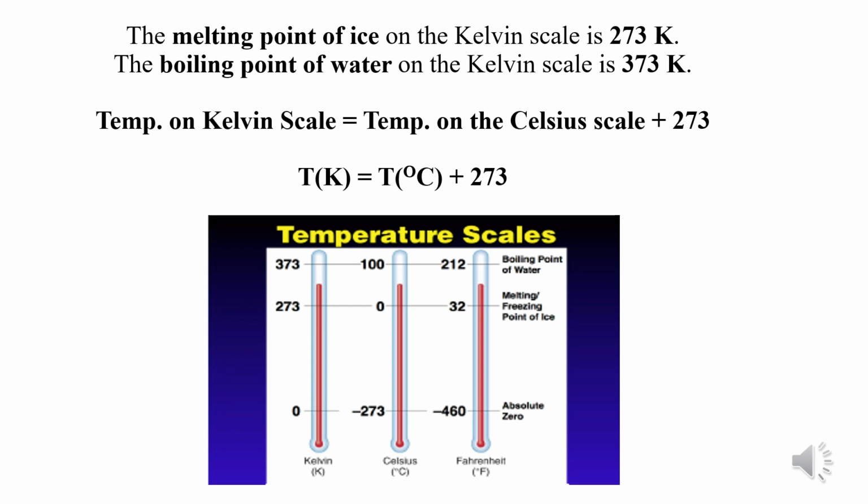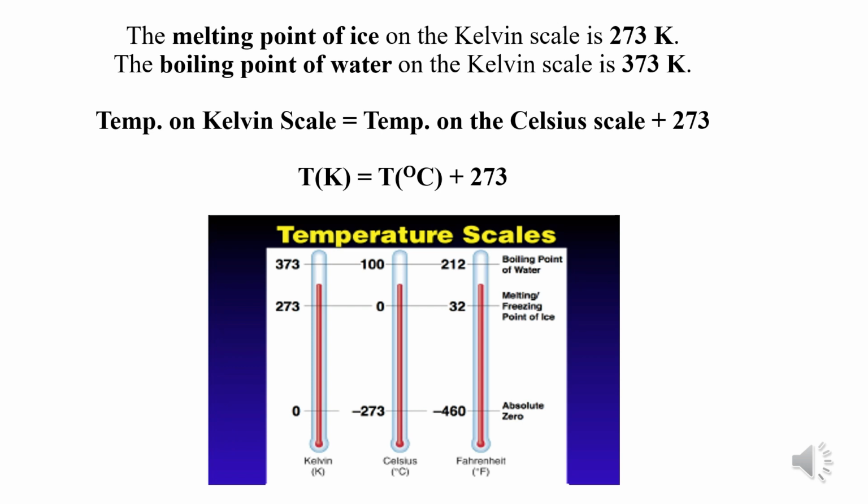Now, you need to learn this relationship and remember that if we are converting a temperature on Celsius scale to the Kelvin scale, we have to add 273 to the Celsius temperature. But to convert a temperature on Kelvin scale to the degree scale, we have to subtract 273 from the Kelvin temperature.